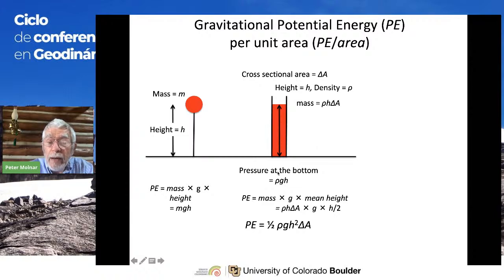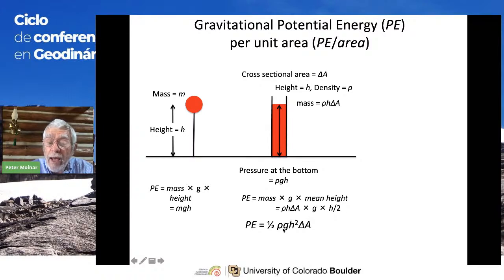The pressure at the bottom is simply the mass per unit area, the height of the column times the density times gravity. And the potential energy is the mass, that's the density times the height times the cross-sectional area, times gravity, times the mean height. Just take the average of heights in here, and that's h over 2.